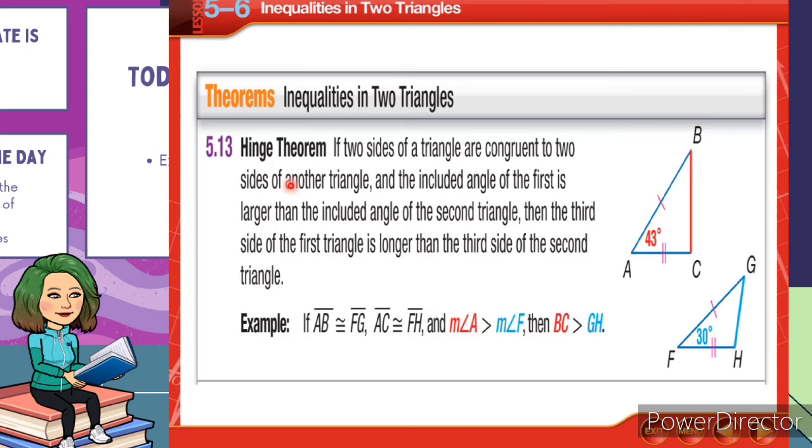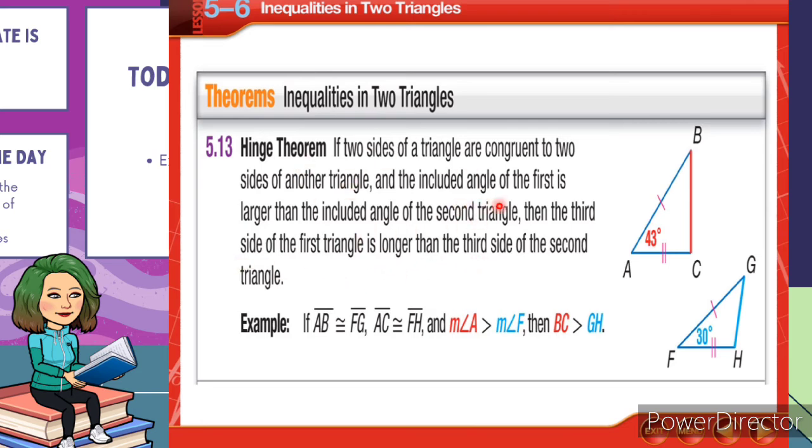makapag-perform ng maayos. So, if two sides of a triangle are congruent, kung meron daw tayong dalawang sides ng triangle na congruent to two sides of another triangle, the included angle of the first is larger than the included angle of the second triangle. Then the third side of the first triangle is longer than the third side of the second triangle.